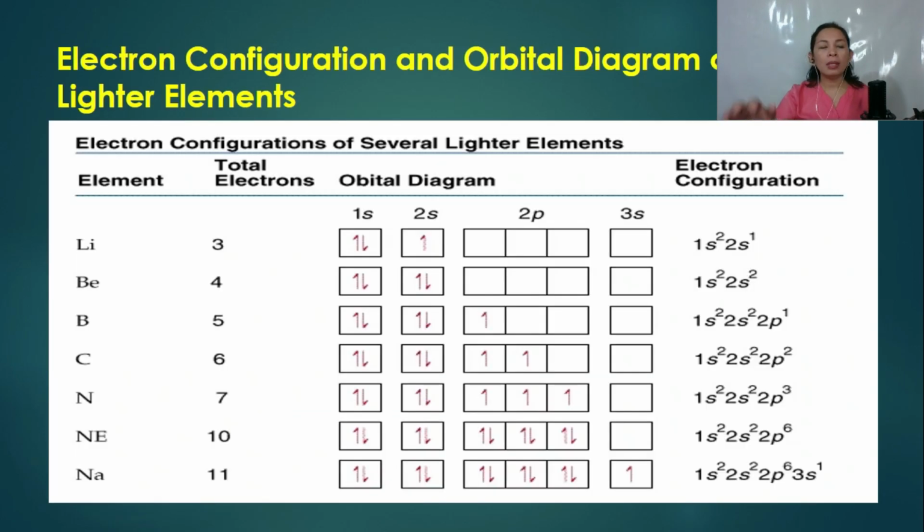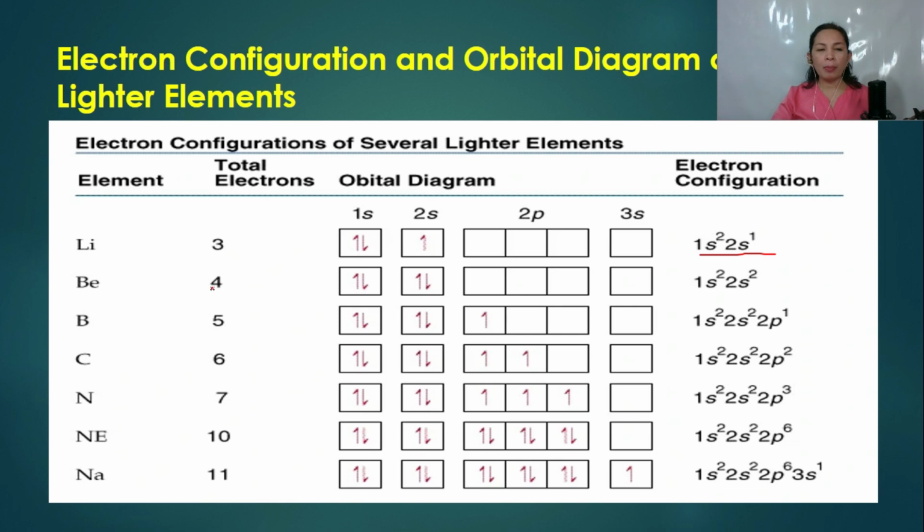Okay? So now these are some examples of electron configurations and the orbital diagrams of the lighter elements. We have here lithium having 3 electrons, which is this electron configuration: 1s2, 2s1, and this is the orbital diagram.